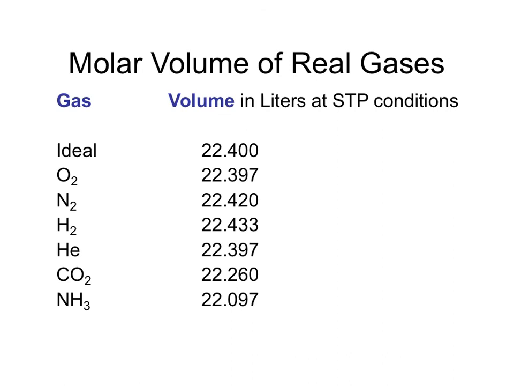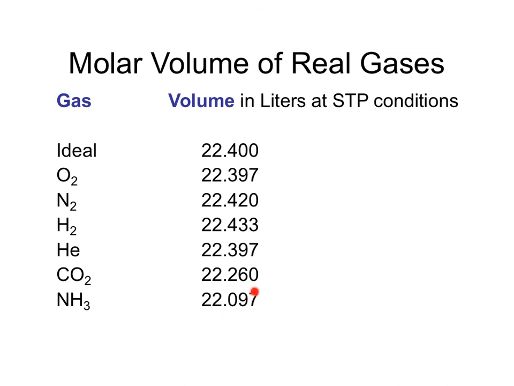You can see that it's not exactly 22.4 liters as it would be if it were ideal. So real gas molecules have slight differences from the 22.4, and this is a measure of the non-ideality of these substances.